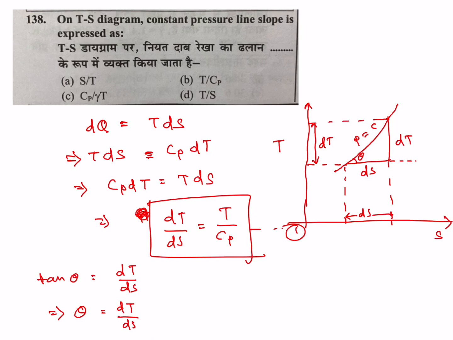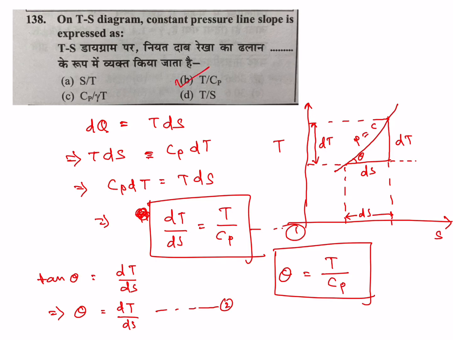So from equation 1 and 2, theta equal to T by Cp. Theta is your slope, it's equal to T by Cp for constant pressure process. B is your correct answer.